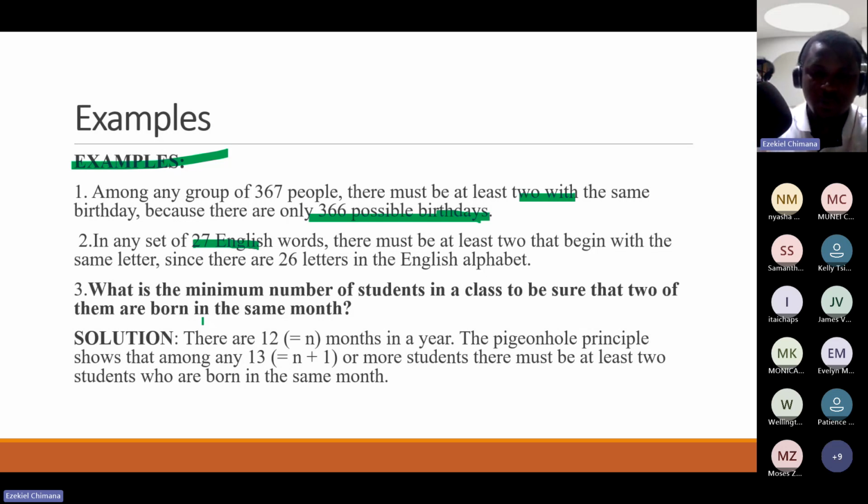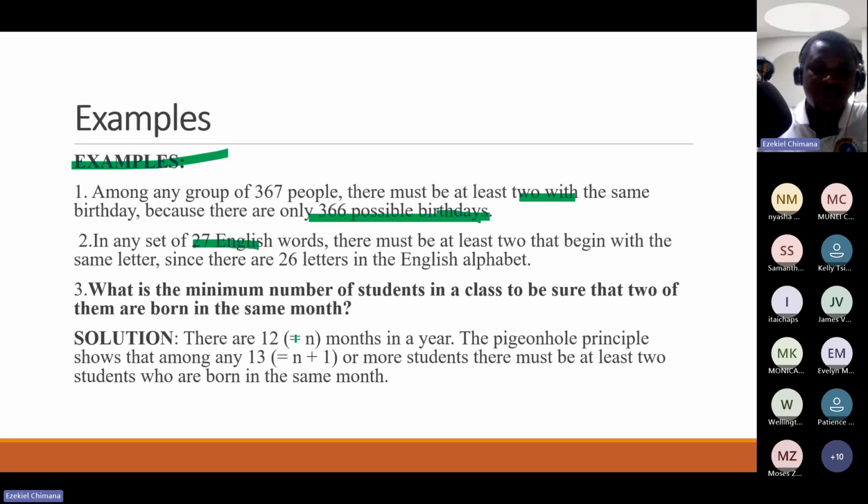By the pigeonhole principle, we are required to have at least two. So the moment you add another student, we have reached the minimum number. The minimum number should be 13 for you to be sure that you have students born in the same month.